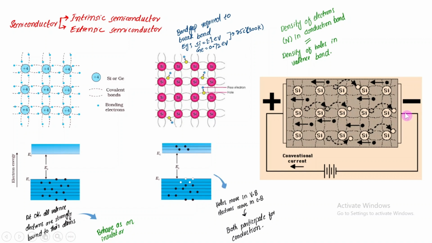Due to this negative charge, due to the electric field from this cathode, the electrons present inside this silicon chip will be moved away from the negative charge and attracted toward this positive charge, and hence the electrons will move from the left side towards the right side. The direction of the electrons inside this silicon crystal will be from left to right.